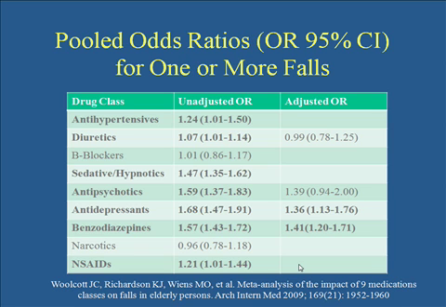Beta blockers, not used a lot for hypertension anymore as first line, probably more for heart failure and other conditions. And certainly antipsychotics, with the advent of a lot of the newer agents, as well as guidelines suggesting the use of antipsychotics in certain conditions such as dementia may not be the best practice. So those are things to keep in mind as we look at those numbers.